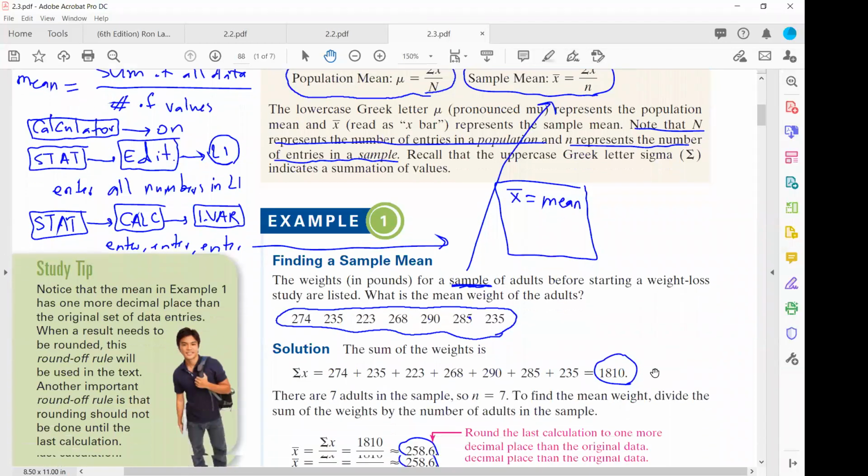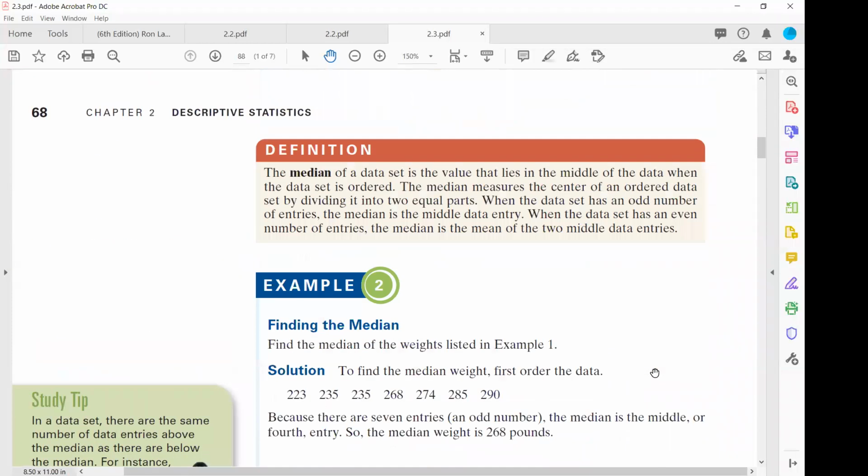Perfect. Let's move on to the definition of median. What is median? Median is the middle value. So the median of a data set is the value that lies in the middle of the data when the data set is ordered.